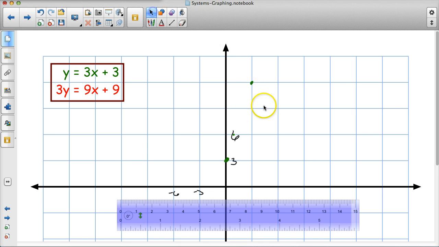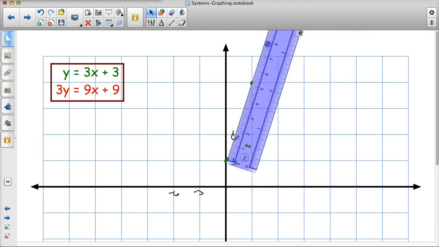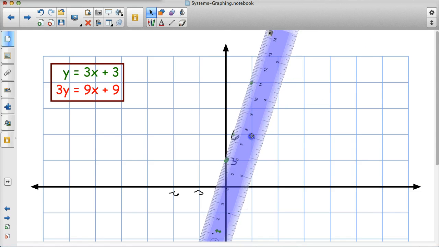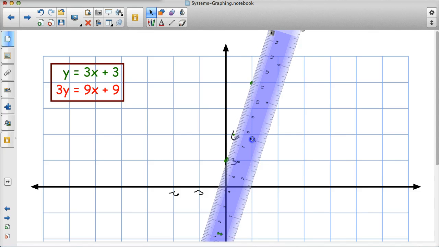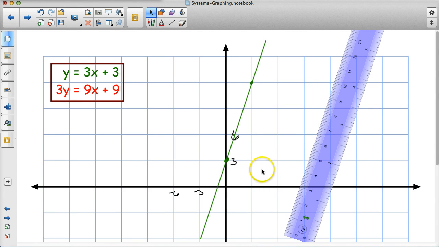So my points are a little further apart, and that actually helps us draw a more accurate line. So I position my ruler as accurately as possible. Remember, you're always trying for accuracy. Better to go a little slow and be accurate than to go too fast and not be accurate at all. So now I've drawn my green line.